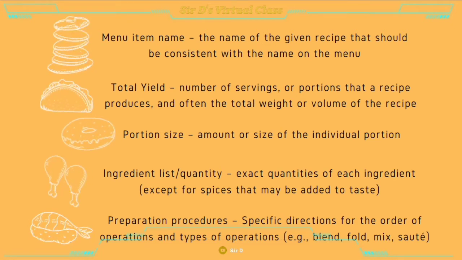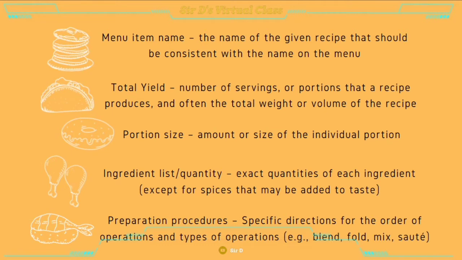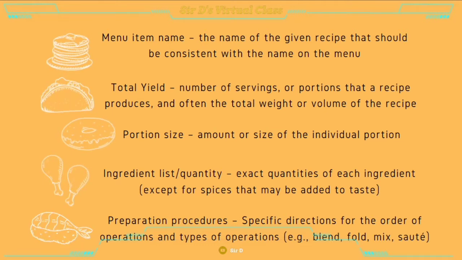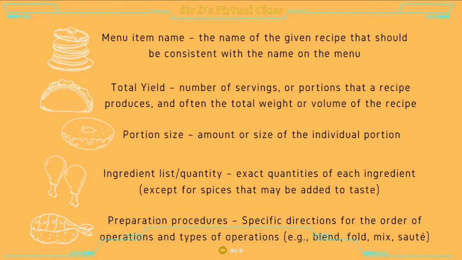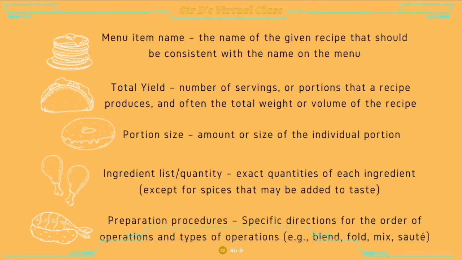This pertains to the amount or size of the individual portion to be served. Ingredient list quantity. It shows the exact quantities of each ingredient, except for spices that may be added to taste. Preparation procedures. These specific directions are used in order to have operations and type of operations done, such as blend, fold, mix, saute, and others.